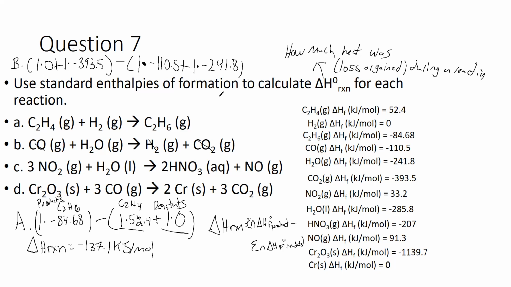So that's the mathematical equation. And that should be negative 745.5 kilojoules per mole. No, it should not, because I put a plus sign instead of a minus sign. That should be negative 41.5 kilojoules per mole.